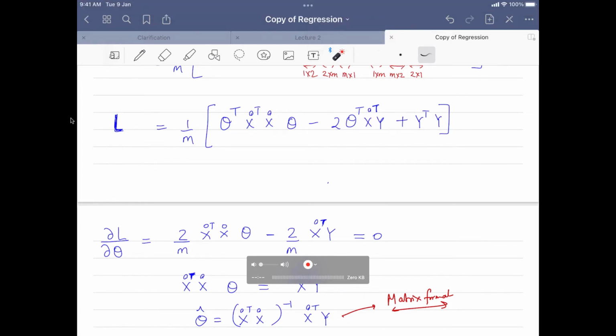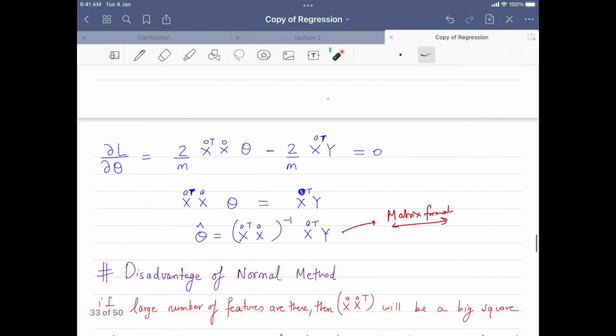The derivative of the loss with respect to theta will have a dimension of 2 cross 1. It's a scalar and you are differentiating it with respect to the vector theta. If you go through vector calculus, you will see that it's a 2 cross 1 vector.